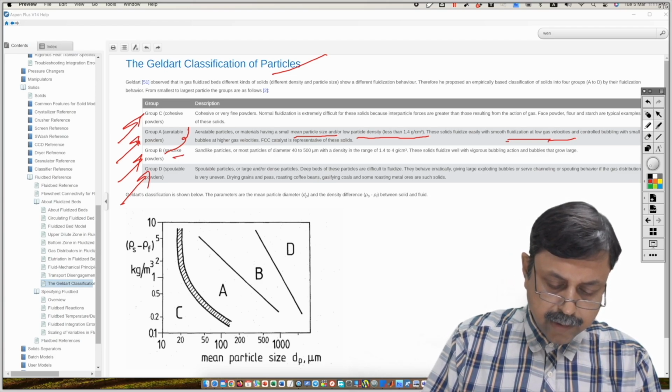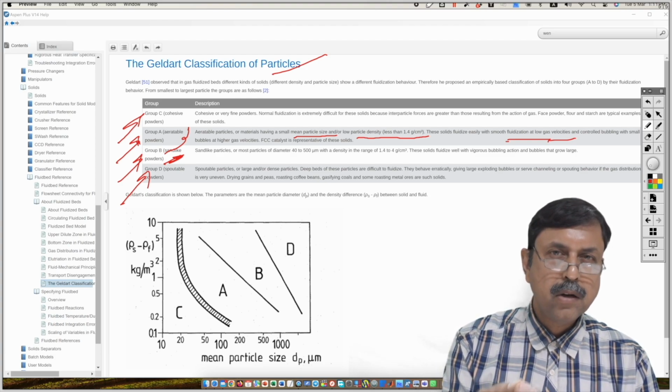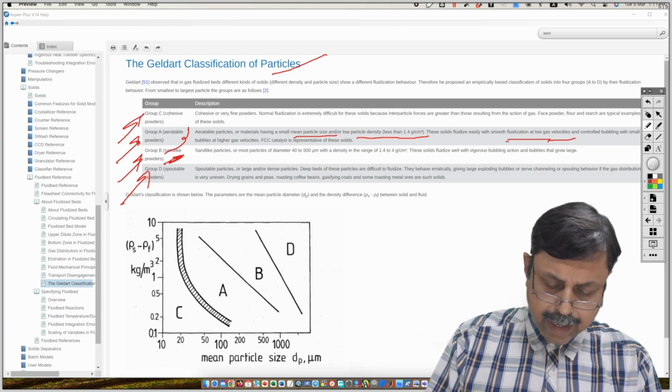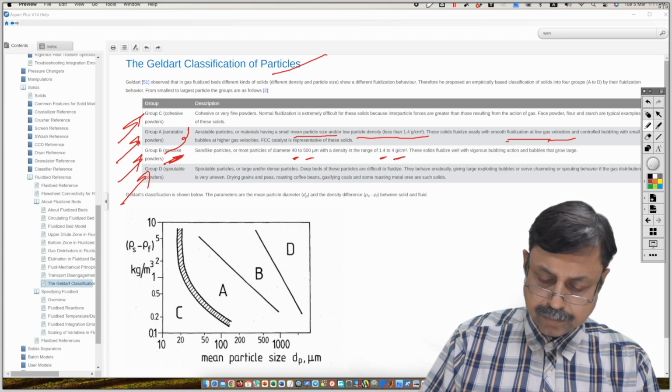Geldart B is for sand-like powder. As you understand, sand will be not so fine and it will be not so light also. So sand-like particles, most particles diameter 40 to 500 micron with a density range 1.4 to 4 grams per cc.